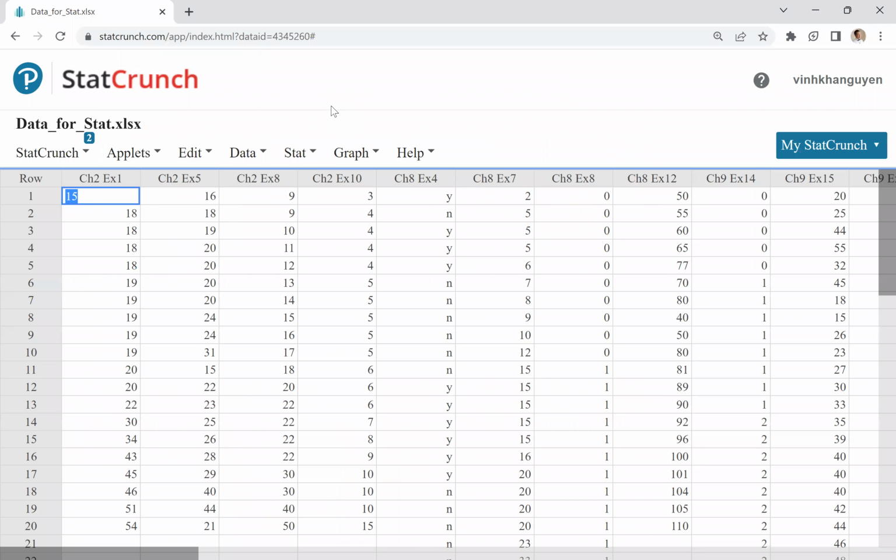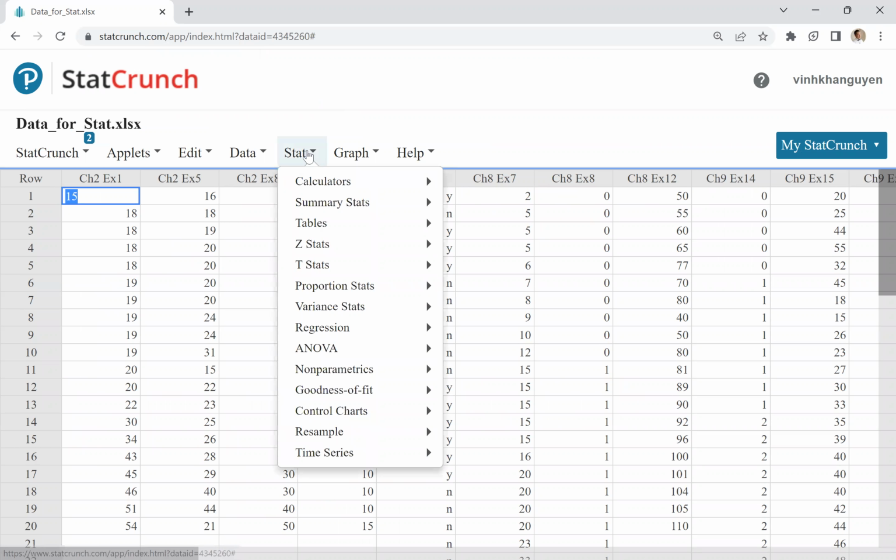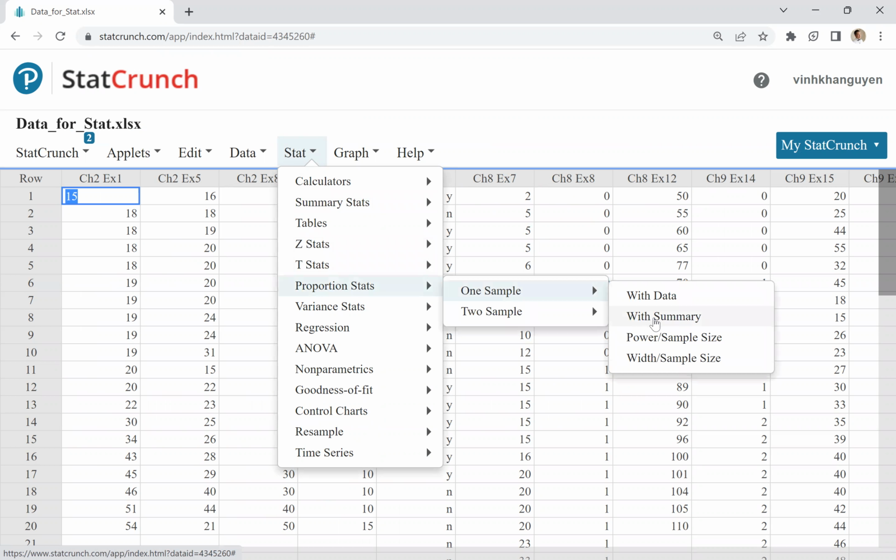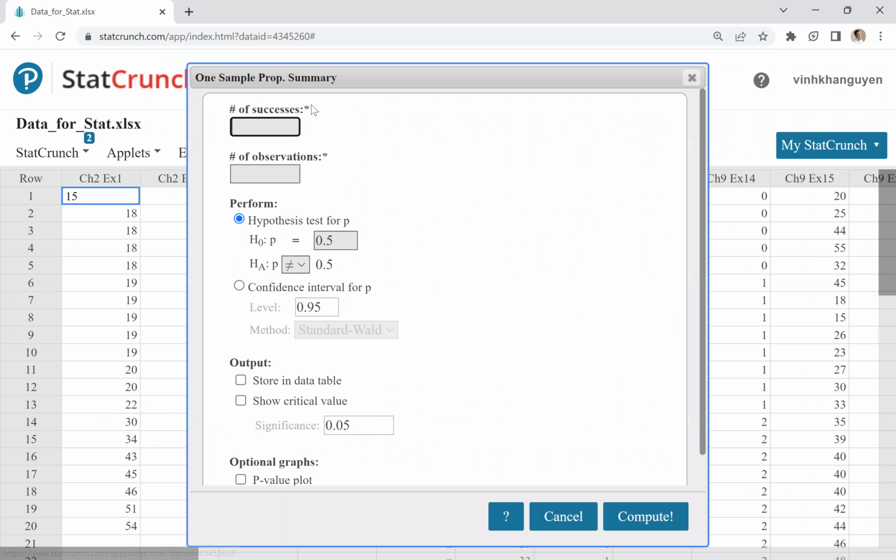For the first problem, we're going to go to Stat, Proportion Stats, One Sample. With summary. Number of successes X is 40, number of observations N is 200. The hypothesis is less than 30%, so less than 0.3.